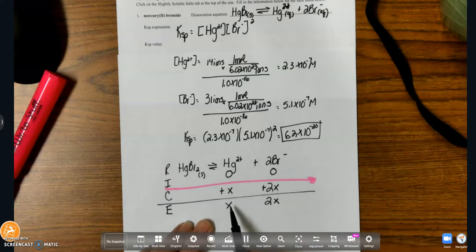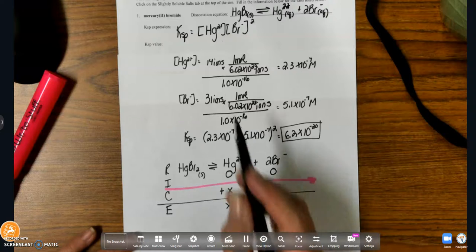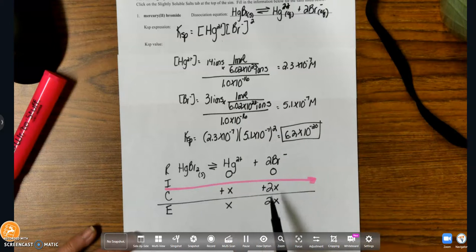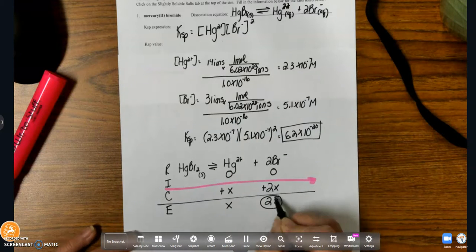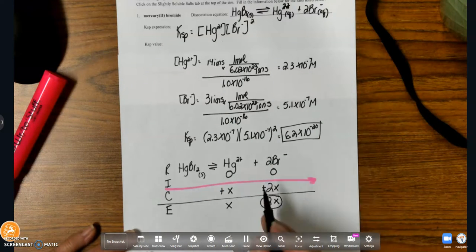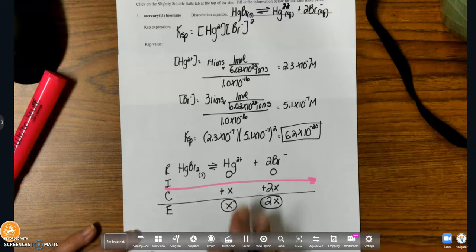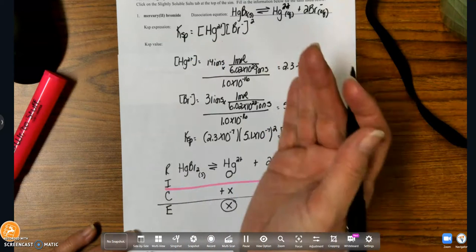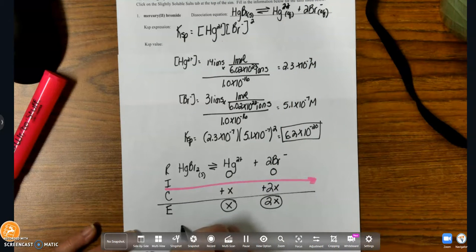Now, what I'm going to do here is plug this into my equilibrium expression, which is up here. So Br minus is 2X, and mercury is 1X. So I'm just going to plug those in back here. That's what we've always done, and set it equal to Ksp, or to the K value.